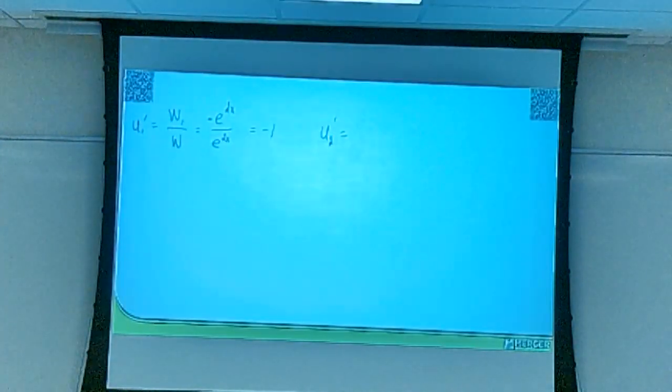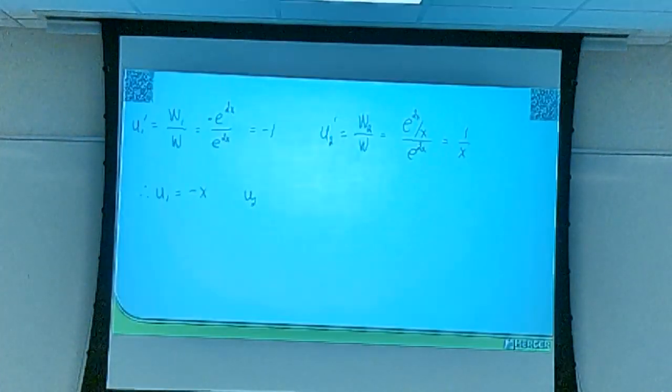U2 prime is W2 over W, just 1 over x. You should easily see what the anti-derivatives are, right? U1 is negative x. U2 is natural log absolute value of x.